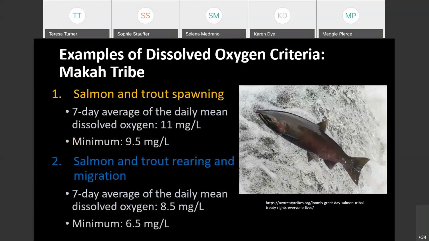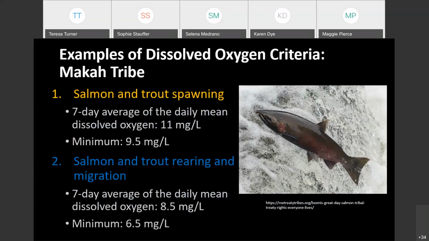Here is another example of some dissolved oxygen criteria from the Makah tribe. What's different about this one from the previous example we saw is that they have two different types of averaging periods. So we have two different uses here as well, kind of similar to how the Fond du Lac Band of Lake Superior Chippewa set it up.